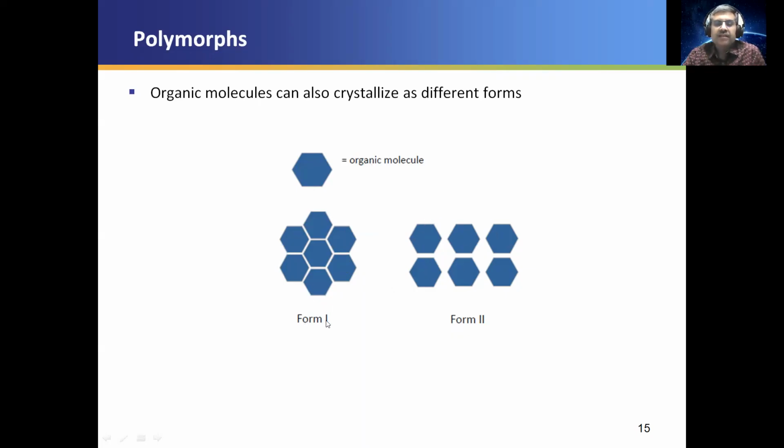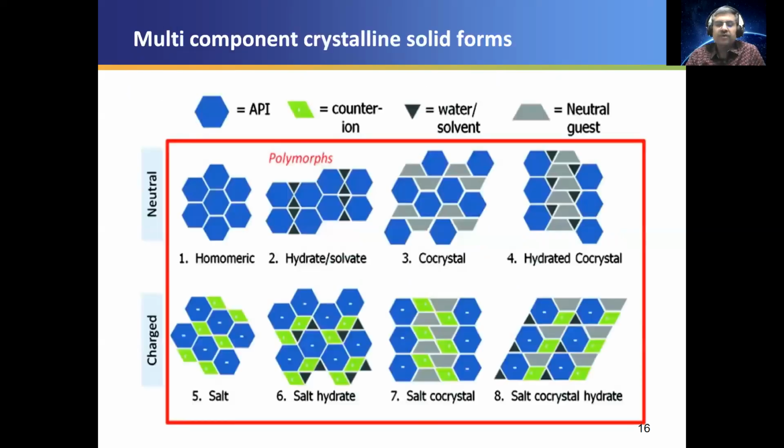This we will call the form 1 crystalline form, while this is the crystalline form 2 of the same organic molecule. The organic molecule, which is the building block, is the same in both cases. The only difference is that the molecules are arranged in a different manner in these two polymorphic forms.